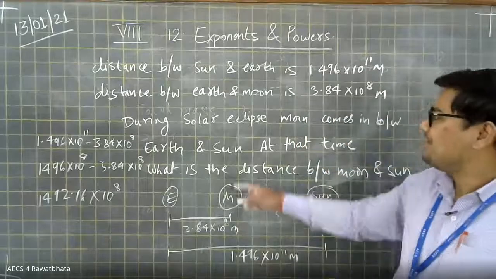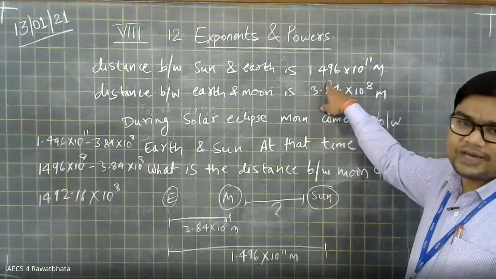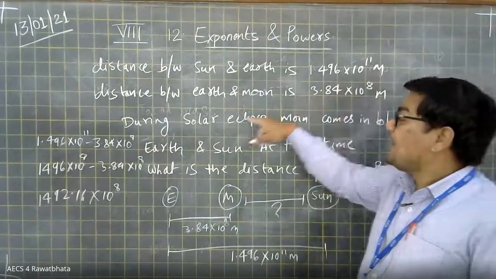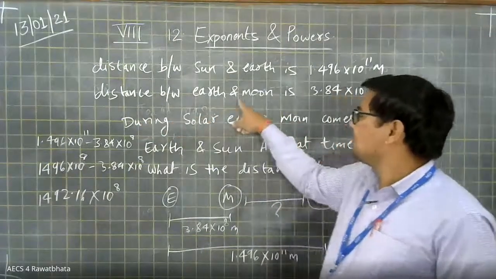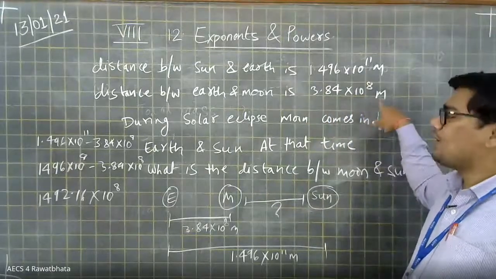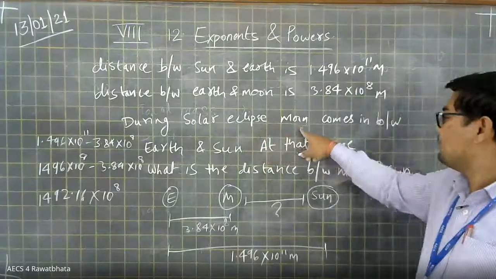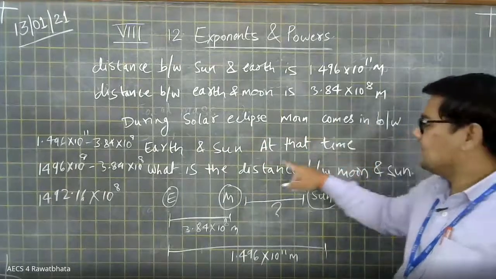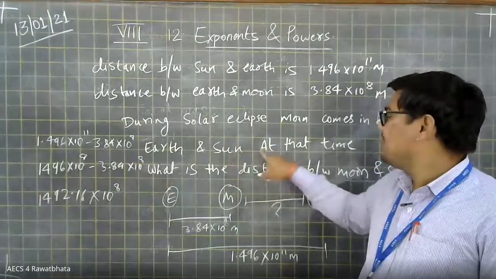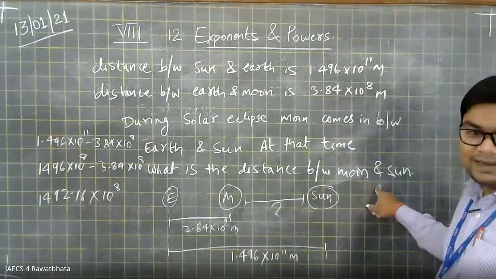Okay. So the distance between Sun and Earth is 1.496 into 10 to the power 11 meters, and the distance between Earth and Moon is 3.84 into 10 to the power 8 meters. During a solar eclipse, the Moon comes in between Earth and Sun. At that time, what is the distance between Moon and Sun?